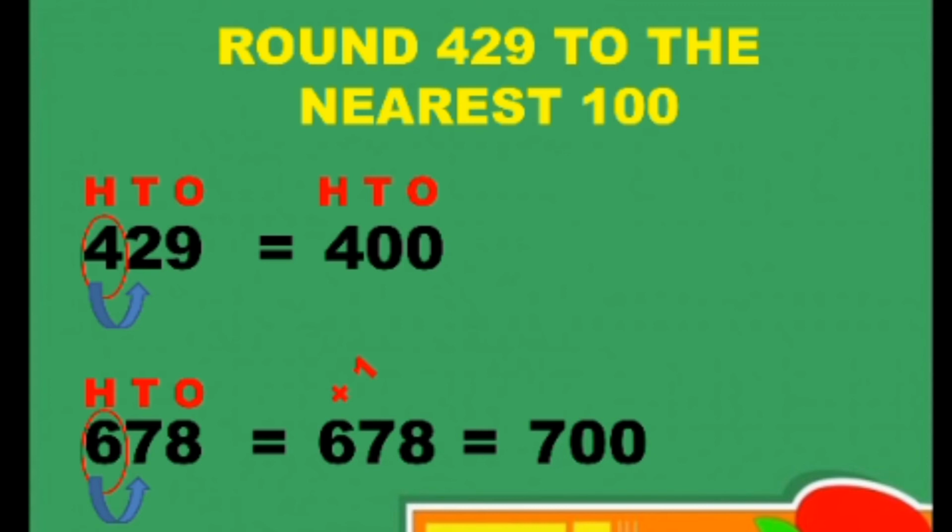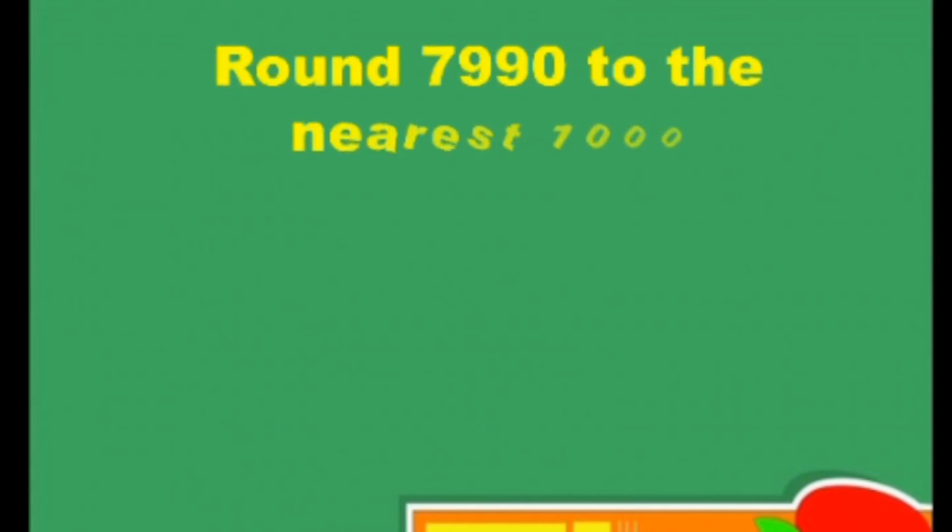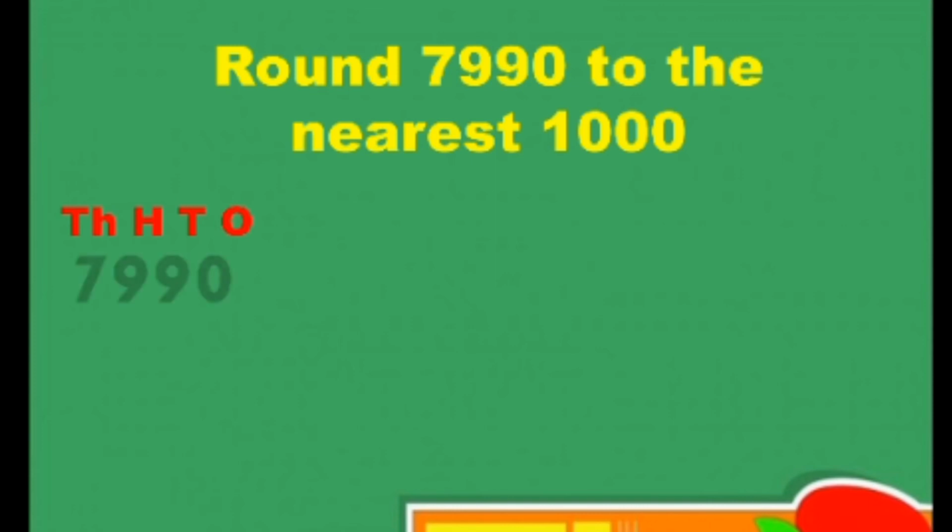Now, let's look at how to round 7,990 to the nearest thousand. We're going to put our place values. So we're going to have our thousands, hundreds, tens, and ones column. So the digit that we are going to look at would be 7 in our thousands column.